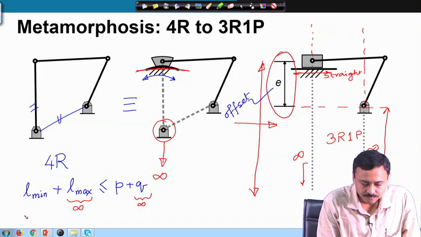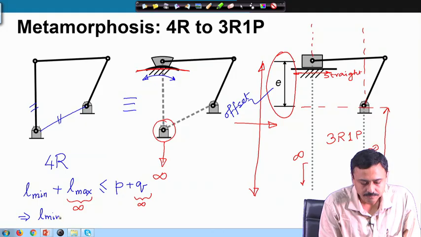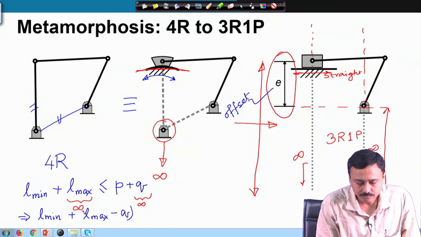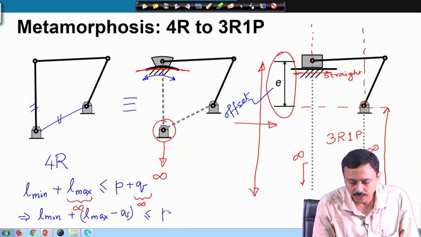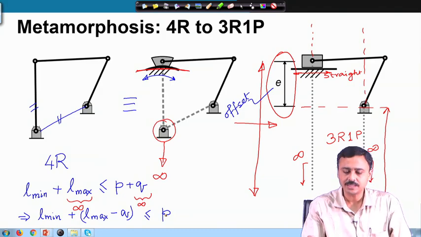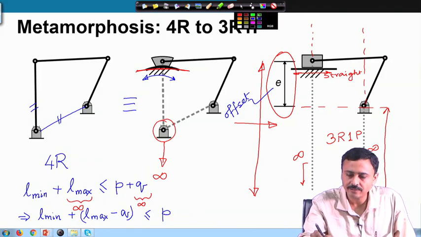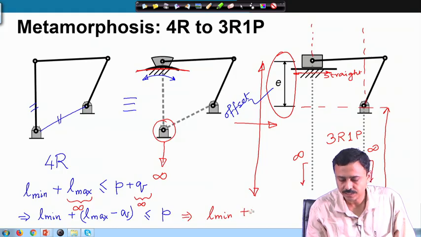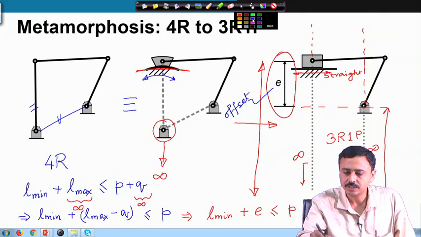Therefore, I can write L min plus L max minus Q should be less than equal to P. Now, L max minus Q is E. Therefore, I have finally L min plus E should be less than equal to P for the chain to be Grashof.